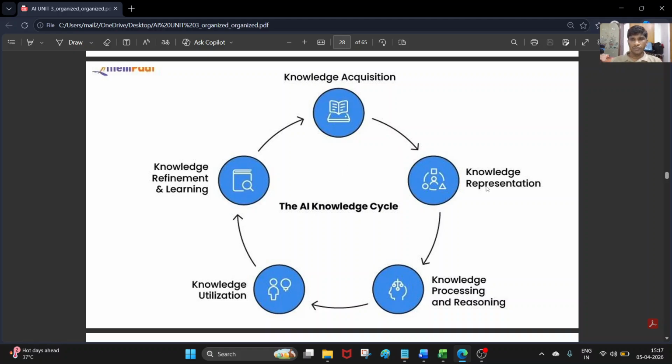Then you have to represent the acquired knowledge, and from the representation you have to process and reason about the knowledge. Once the knowledge is processed and reasoned, you have to utilize it, and last you have to refine it, and learning has to take place. So this is knowledge representation for a machine.